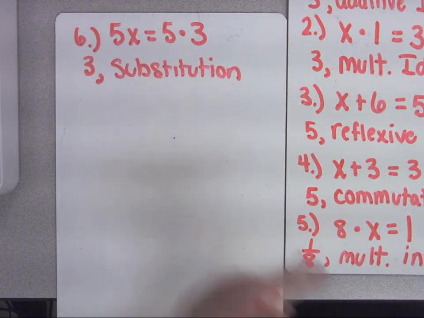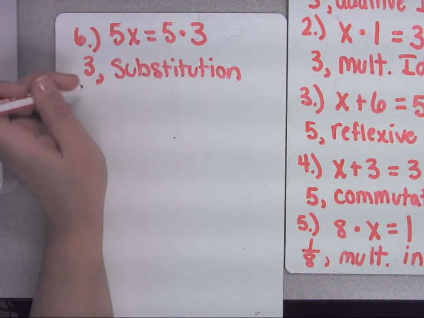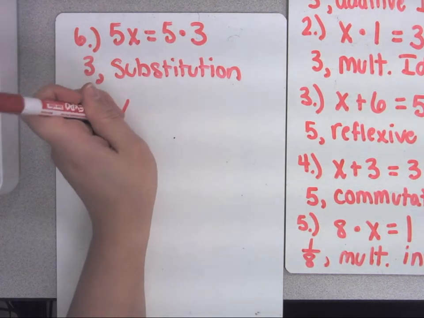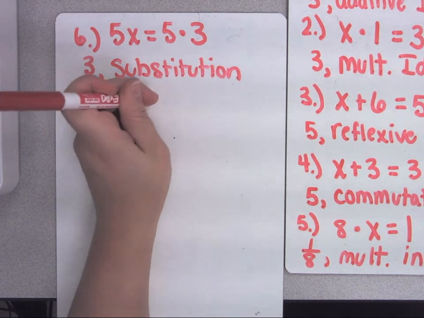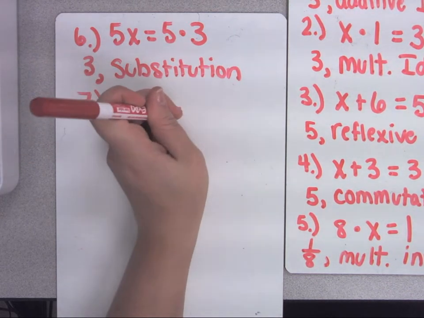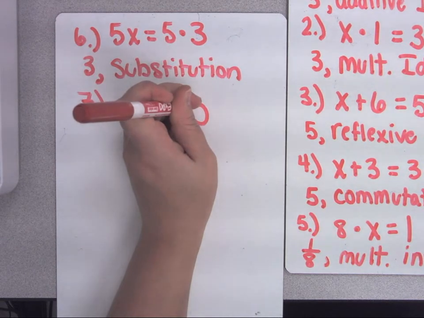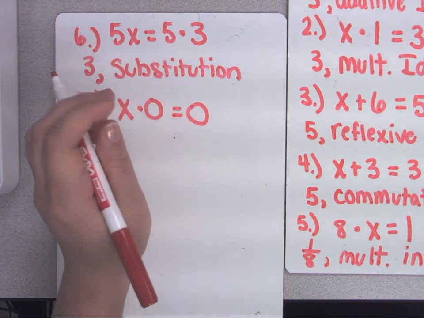I hope someone said it out loud. Substitution. Yay! Okay. What else do we have left? Ooh, this one. x times 0 equals, I can't do that. It really doesn't matter.